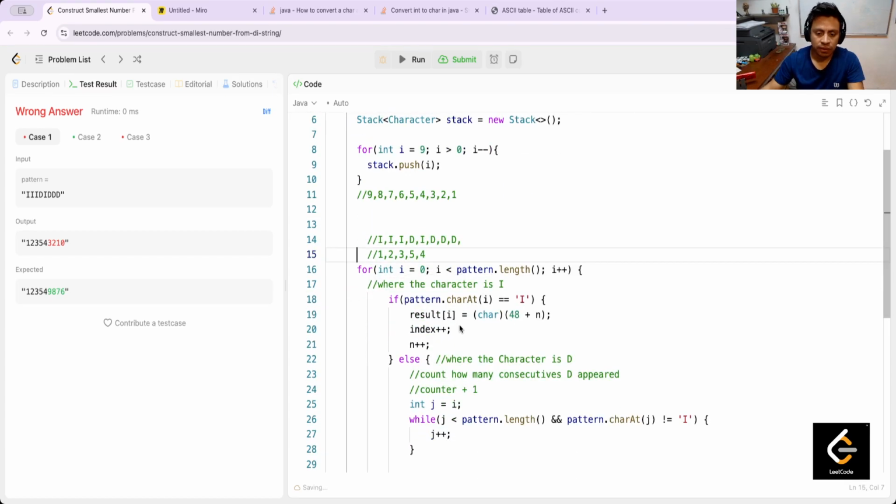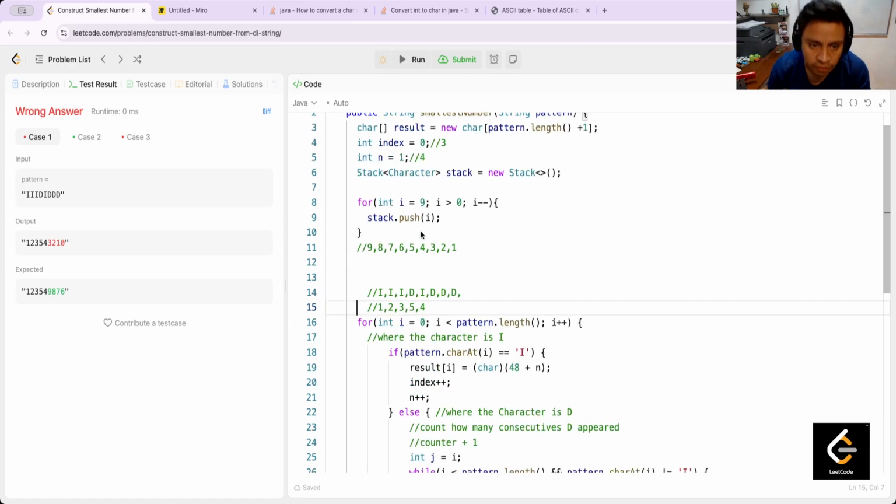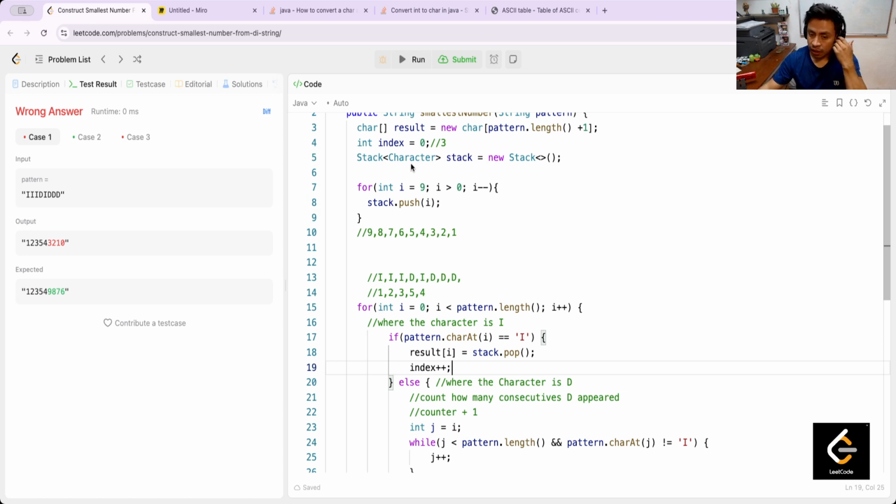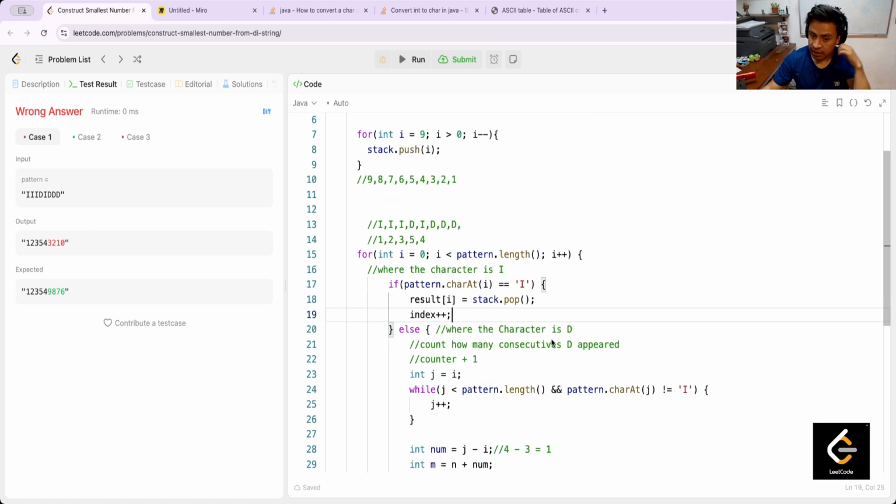This way now, where I found this, I think that I can remove here. Where is I need to use the last character or the top in the stack. Is pop, and index increase, and I remove this. Now, where happened this, that is a letter D. Sorry.